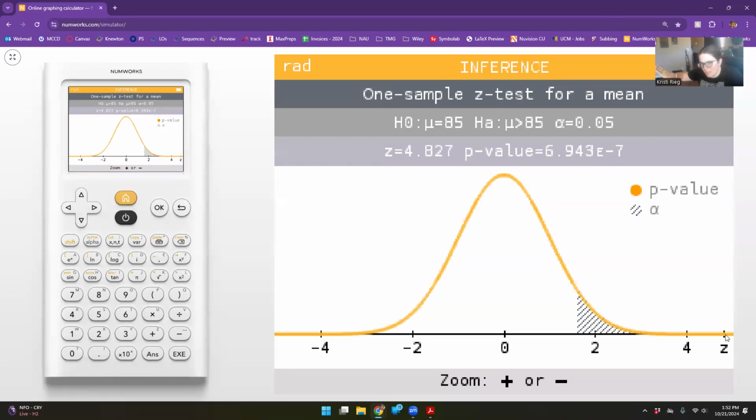Everything past the Z mark is shaded for the P value. Again, this is hard to see because everything seems to be the same color at this point, but we have our reject region right here where alpha is. And anything lying over here from this line over, we reject. So since Z is way over here, we are definitely going to reject the null.